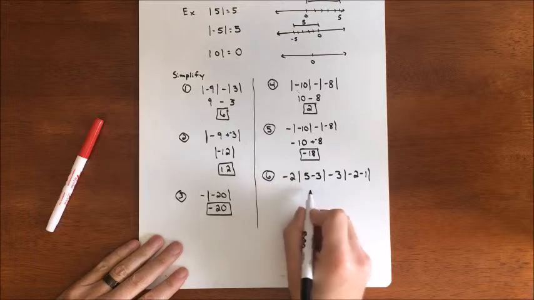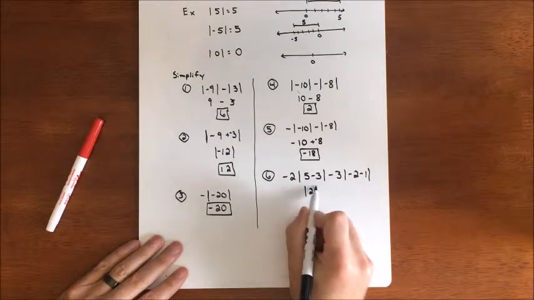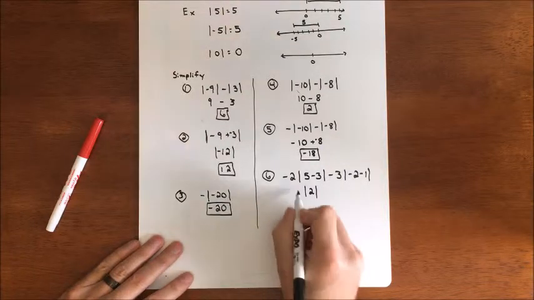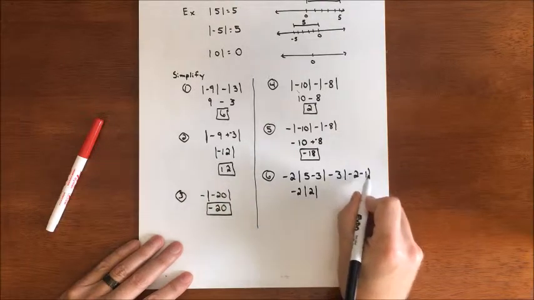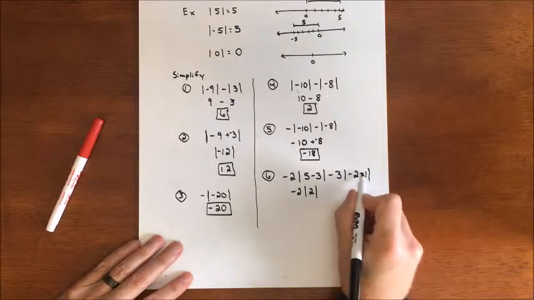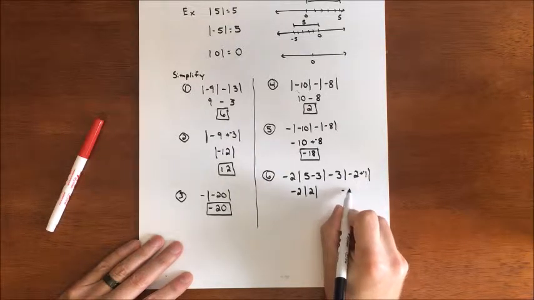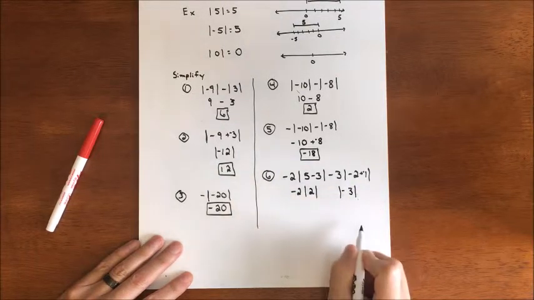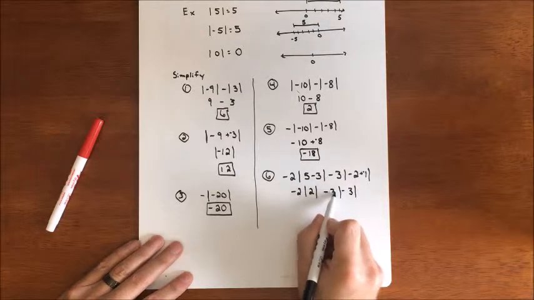So 5 minus 3 will get us a 2. We have not done the absolute value yet. We have not performed that operation, so those absolute value bars will come down. The negative 2 will come down. And then in the other absolute value, we're going to do negative 2 minus 1, which again, I like to add the opposite. So that becomes negative 3. But we have not done the absolute value. Keep those there. That minus 3 will come down as well.